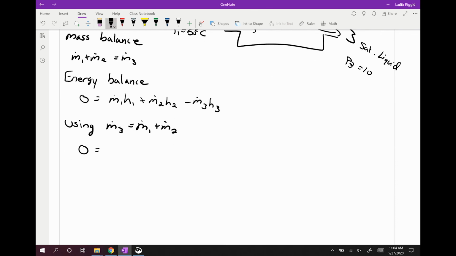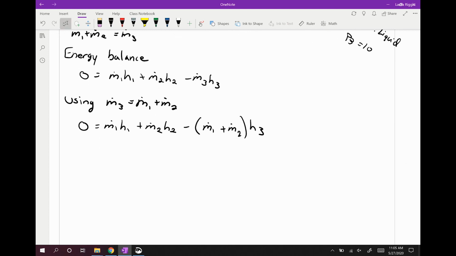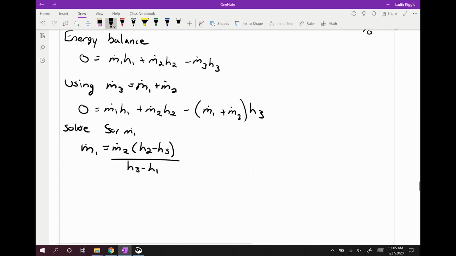We're going to have 0 is equal to mass flow rate 1 times the enthalpy of 1 plus mass flow rate 2 times the enthalpy of 2 minus mass flow rate 1 plus mass flow rate 2 times the enthalpy at 3. So I'm going to solve for my mass flow rate of 1. And my mass flow rate at inlet 1 is equal to my mass flow rate at inlet 2 times H2 minus H3 over H3 minus H1.